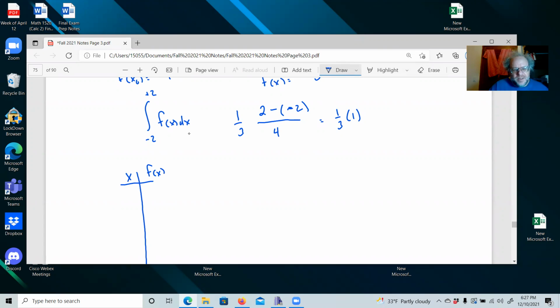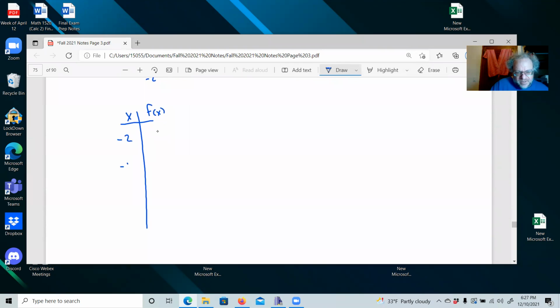Okay, so we have -2, -1, 0, 1, and 2. So this is 3 to the power here. It's 3 squared. We'll come over here for an answer. That's 9. 3 to the 1, that's 3. 3 to the 0, that's 1. 3 to the -1, that is 1/3.